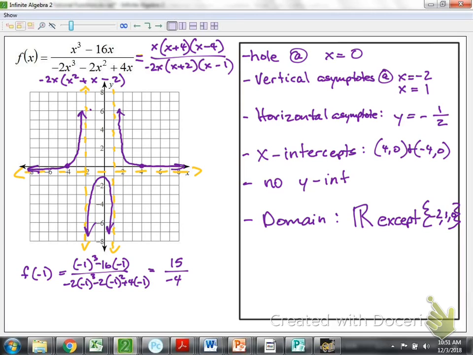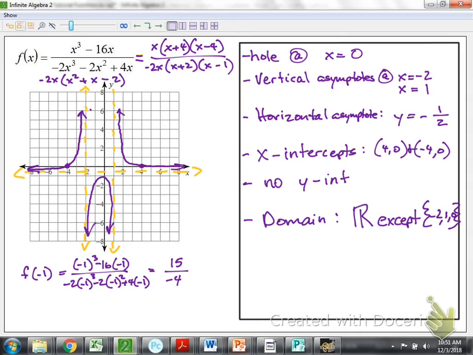That is 15 over -4. 15 over -4 is down below, right? And because it's down below, my original sketch there is good.